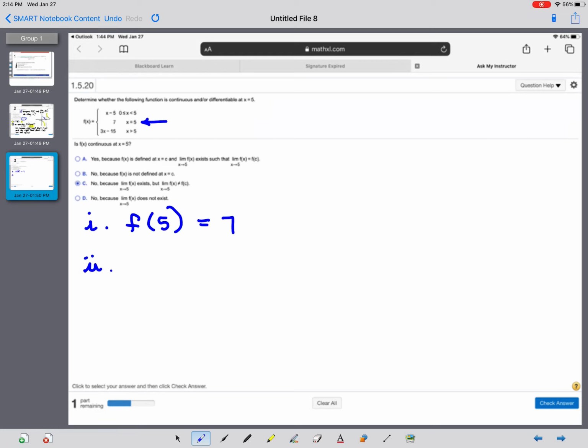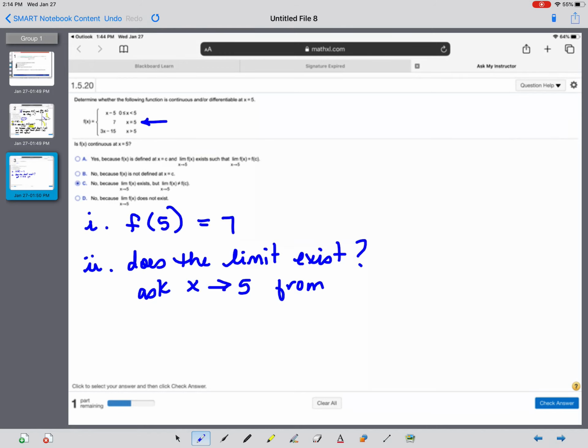Condition 2, we want to see, does the limit exist? Now remember, for the limit to exist, the left and right hand limits have to be the same. So we can see here that as x approaches 5 from the left, it approaches 0.